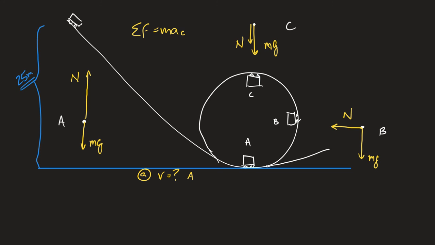Let's assume that the lift hill is 25 meters high, and the cars are going to make it to point A without losing any energy due to friction. This is last week's work. So take a moment. I will pick one of you in particular to tell me how fast the cars are going at A.